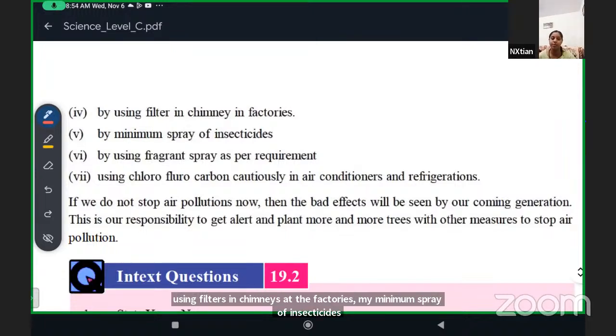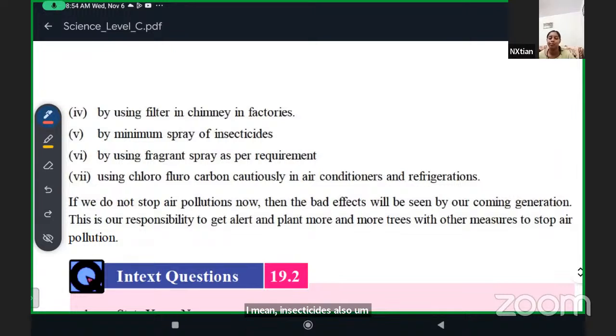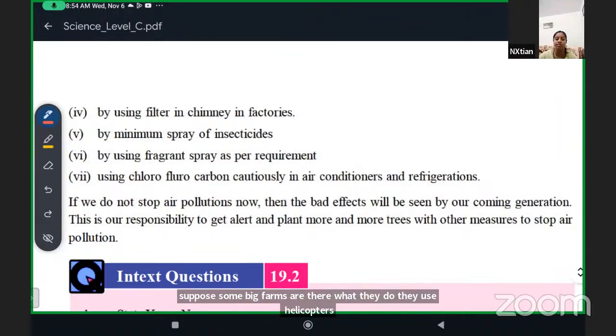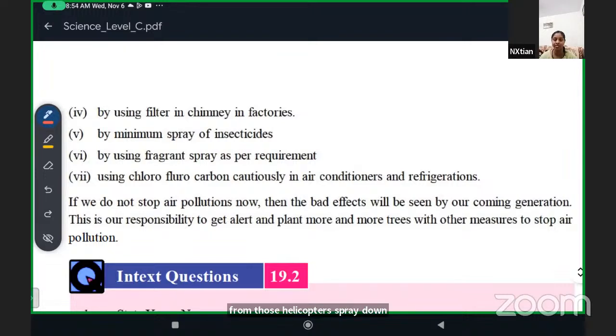cause air pollution. Why? Because harmful gases are released to kill the insects. See, insecticides are used at way higher levels. Suppose some big farms are there, what they do, they use helicopters. From those helicopters, they spray down the insecticides on the whole fields.